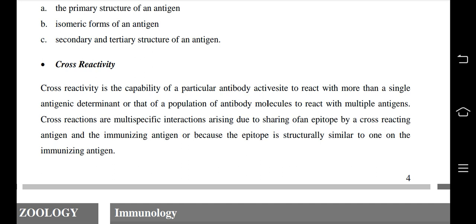Cross reactions are multi-specific interactions arising due to sharing of an epitope by a cross-reacting antigen and the immunizing antigen, or because the epitope is structurally similar to one of the immunizing antigen.